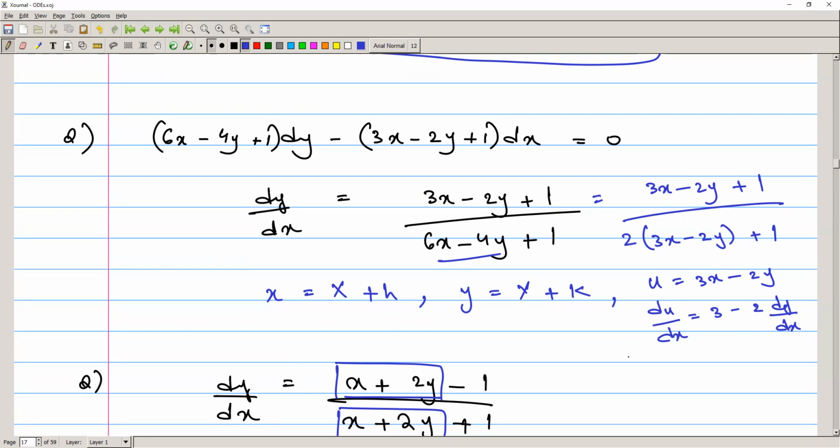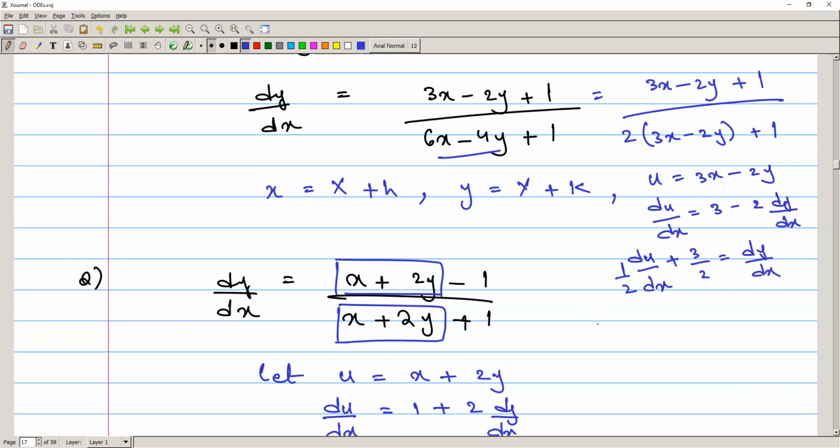And then by further simplification, we can write 1 over 2 du over dx plus 3 over 2 is equals to dy by dx, and then 1 over 2 du over dx plus 3 over 2 is equals to (u plus 1) over (2u plus 1).